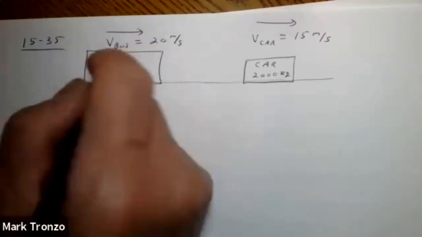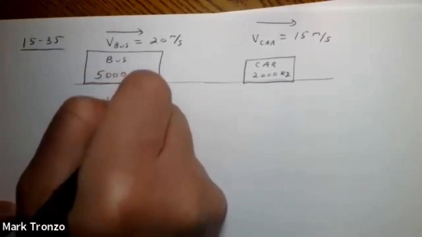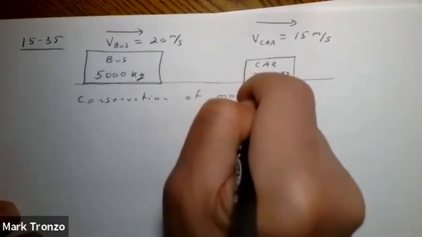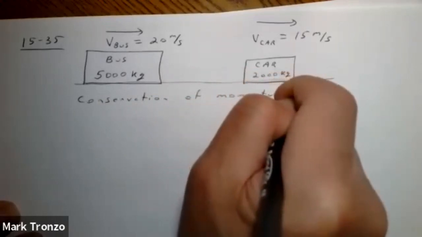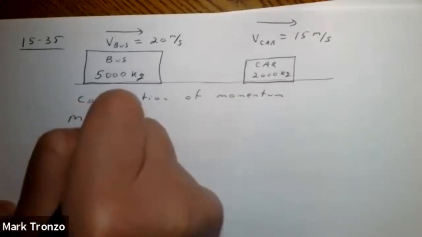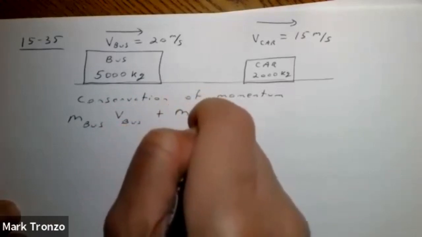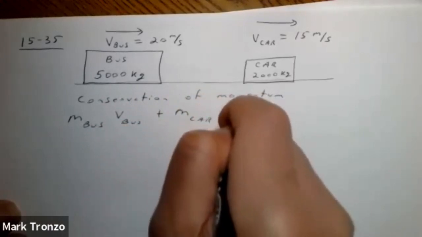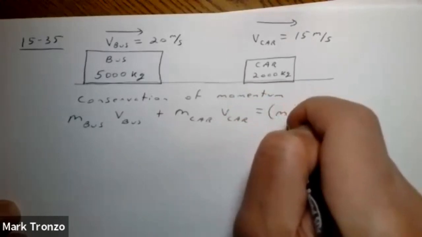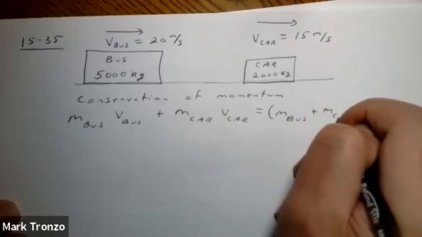And that's, again, just conservation of momentum. So M bus V bus plus M car V car. Again, when they impact, they're going to move as one, so we use the total mass of the two.